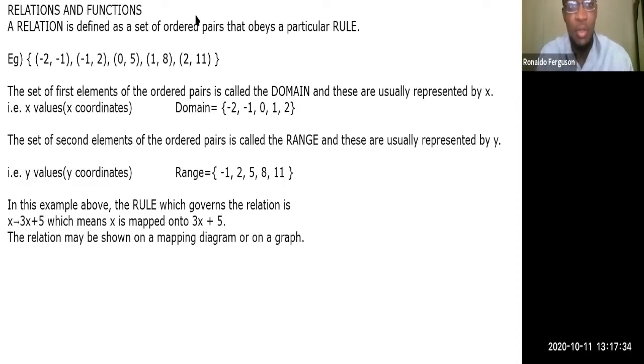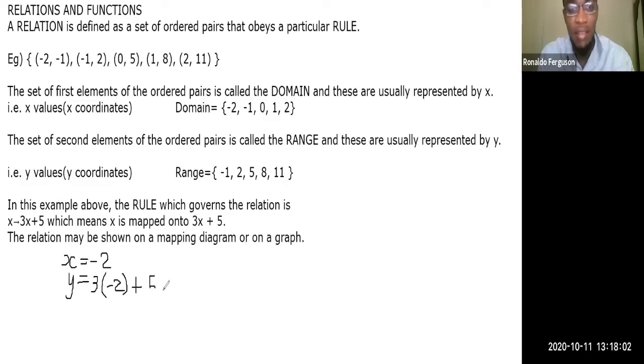So for example, when x equals -2, y is going to be equal to 3 times the x value of -2, plus 5, because 3x plus 5 is the rule.